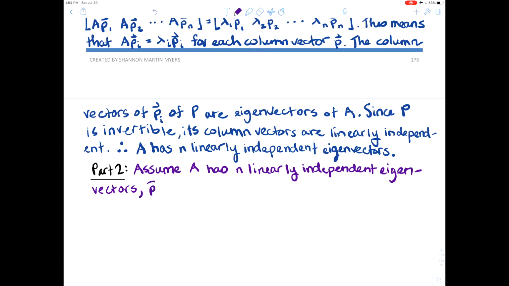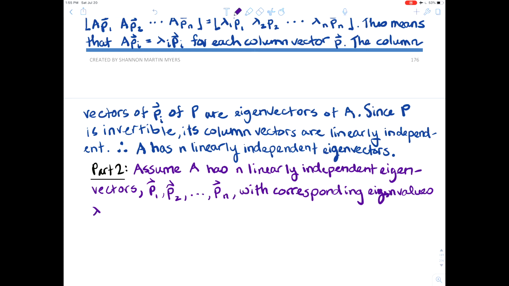And let's call them P1, P2, all the way down to Pn. And let's say that they have corresponding eigenvalues lambda 1, lambda 2, all the way down to lambda n.